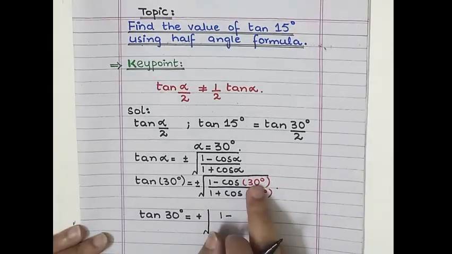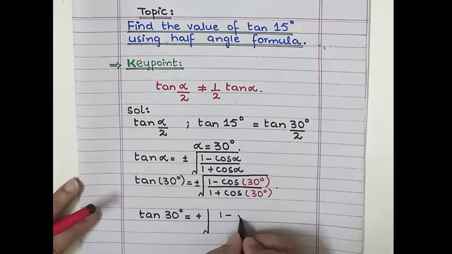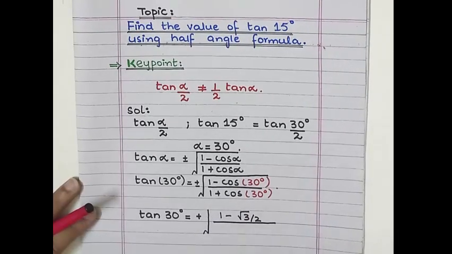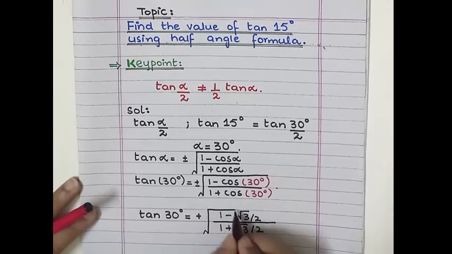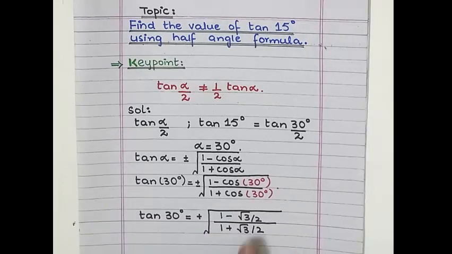The value of cos 30 is root 3 over 2. So we have 1 minus root 3 over 2, divided by 1 plus root 3 over 2.